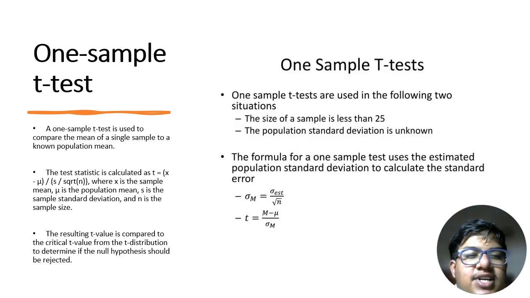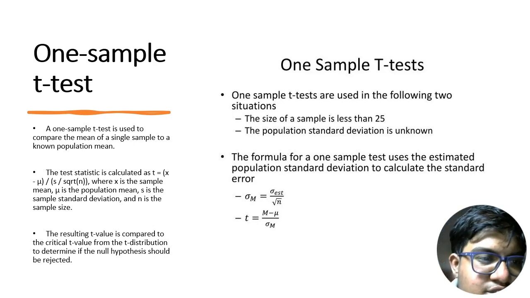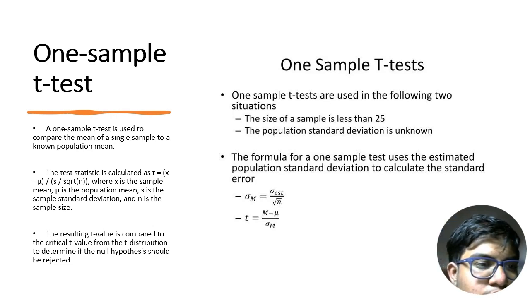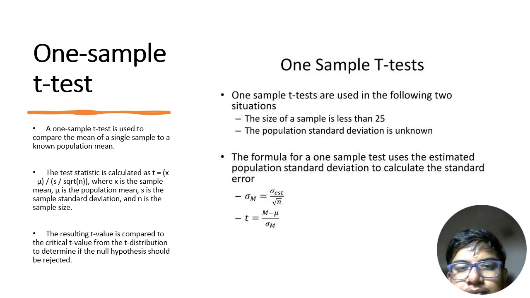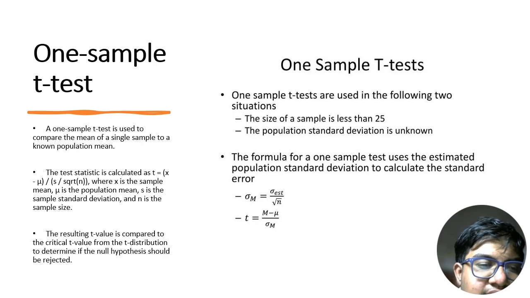One sample t-test. A one sample t-test is used to compare the mean of a single sample to a known population mean. The test statistic is calculated as t equals x minus mu divided by s over the square root of n, where x is the sample mean, mu is the population mean, s is the sample standard deviation, and n is the sample size.